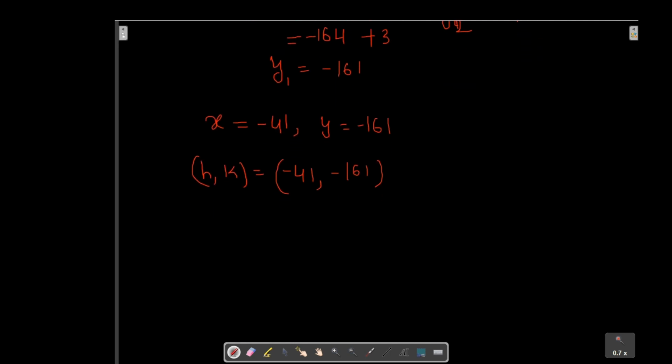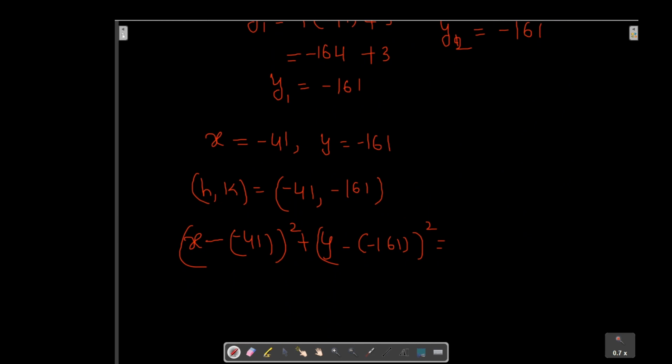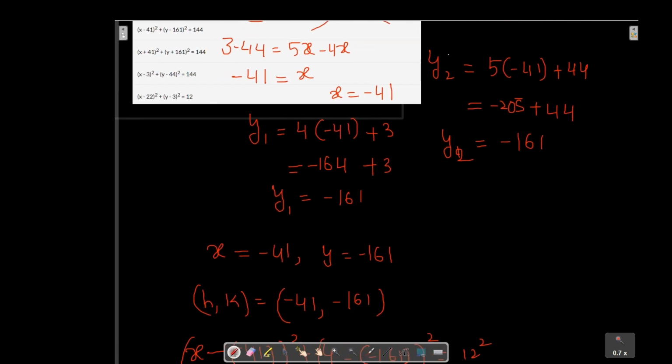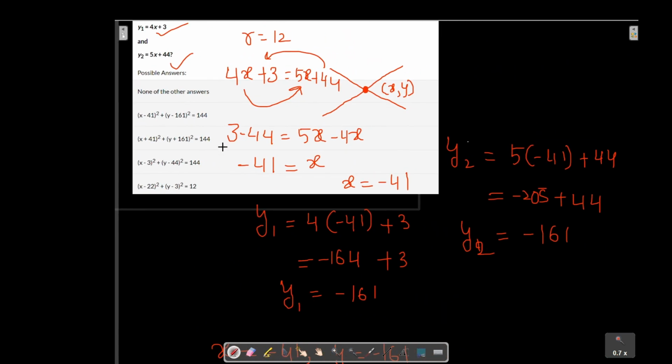Now let's plug the center h comma k and the radius into our standard equation form. (x minus h), that is (x plus 41) whole square, plus (y plus 161) whole square equals 12 square, which is 144. That is the second option.